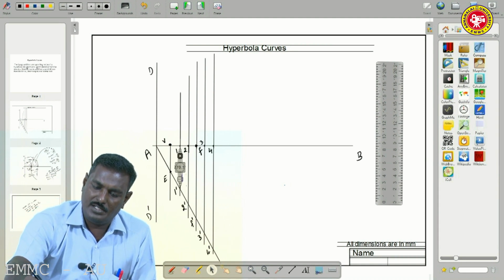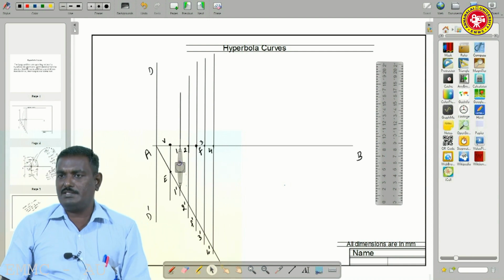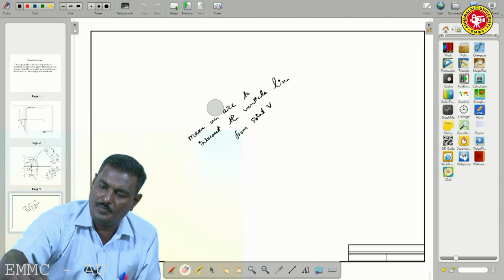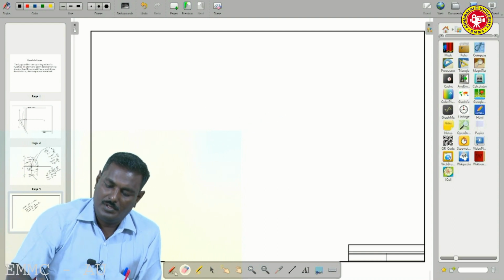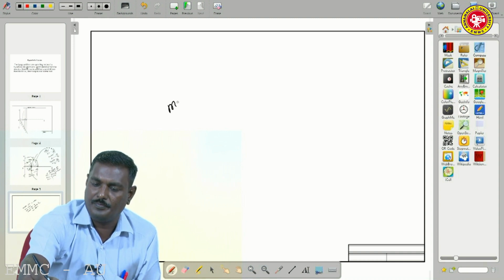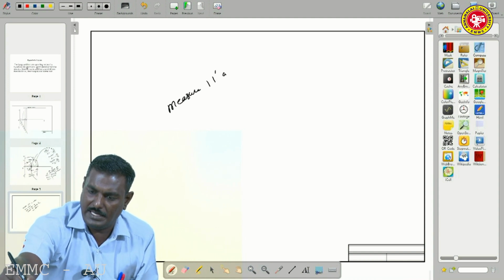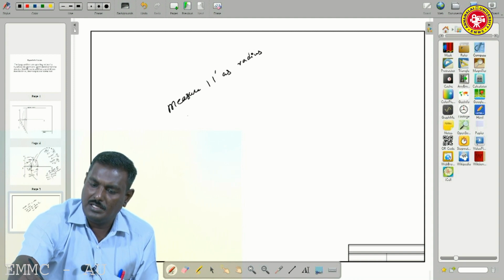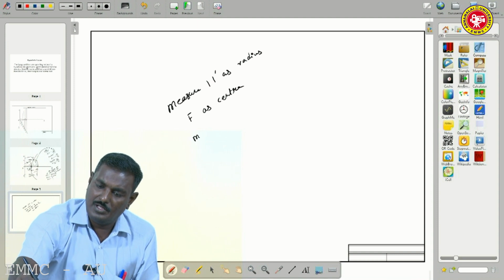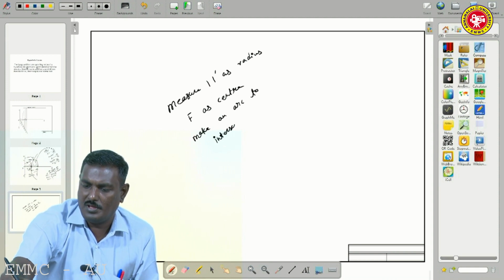Now, with 1 dash as radius and F as center, make an arc to intersect.